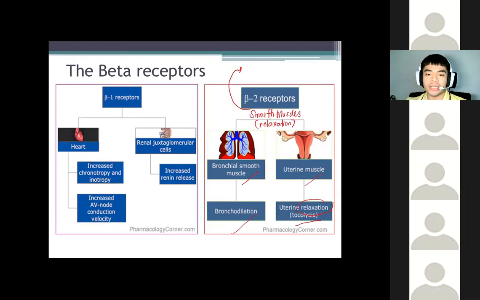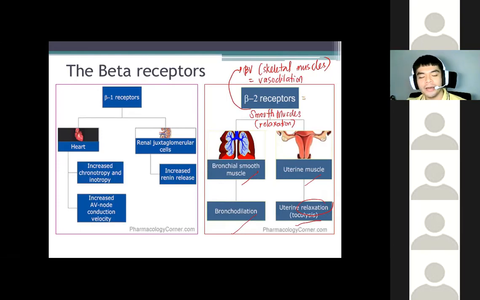Meron ding beta-2 receptor effects in the blood vessels of the skeletal muscles. At ang effect, guys, sa skeletal muscle blood vessels ay vasodilation. Again, in the smooth muscles, ang general effect ay relaxation, such as in the bronchi, in the uterine smooth muscles, and also in the skeletal muscle blood vessels.